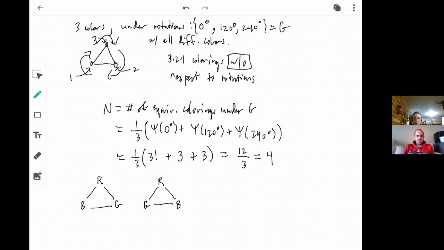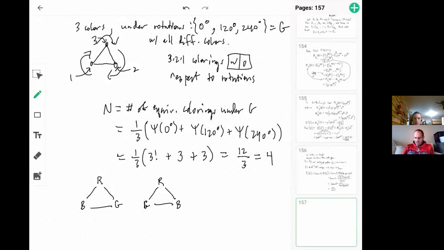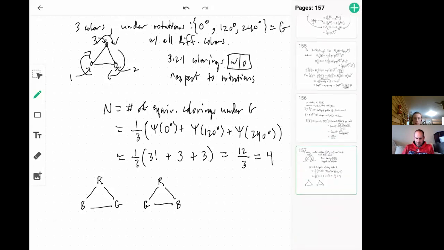Hmm. Well, let's look at, hang on, let's look at the specific example. Yeah, that's weird. I'm gonna have to think about that.